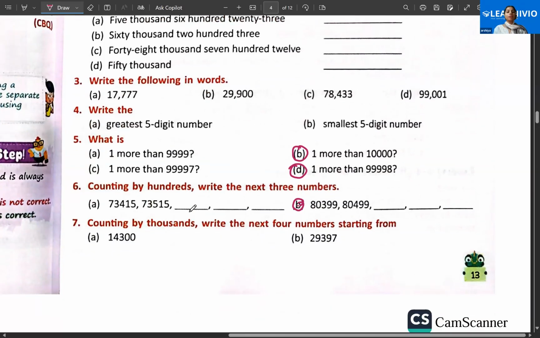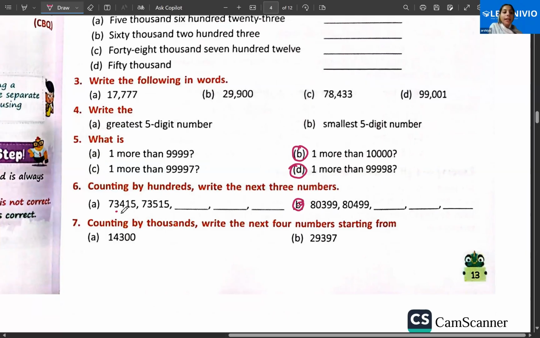Should I continue? Yes. Question number 6. Now, in question number 6, they're saying counting by hundreds, right? In the next three numbers. Okay. So basically, you have to add 100 to each term, right? So here it's written 73,415. The next term is 73,515.